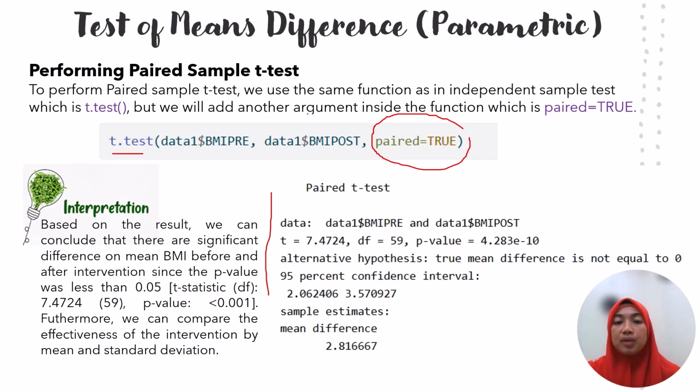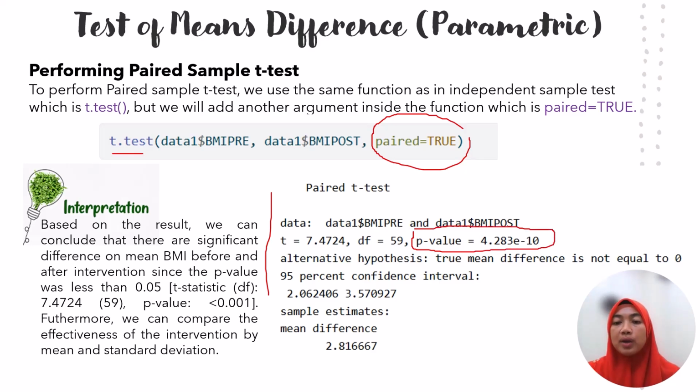So based on the result here, we can conclude that there is a significant difference in mean BMI before and after intervention since the p-value was less than 0.05. So where the value of 0.05 is here, right? So this is the output for the p-value, right?